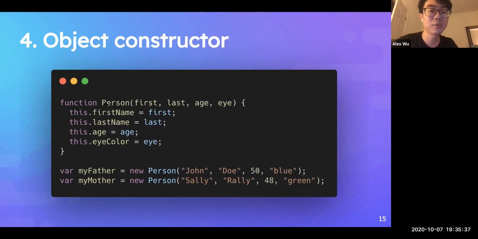After it takes in first, last, age, and eye, you first assign first to this dot first name, last to this dot last name, age to this dot age, and eye to eye color. And these 4, the first name, last name, age, and eye color, will be the properties of the person object that we are creating. And the 4 arguments will be the values for all these 4 properties.